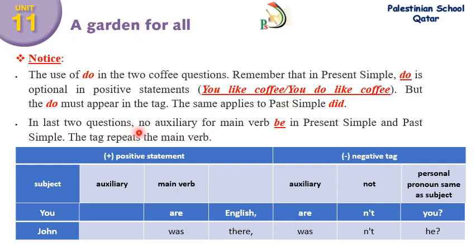In the last two questions, no auxiliary for the main verb be in the present simple here, are, and past simple, was. The tag repeats the main verb. Negative tag repeats are, and repeats was. You understand me? Good. Let's go.